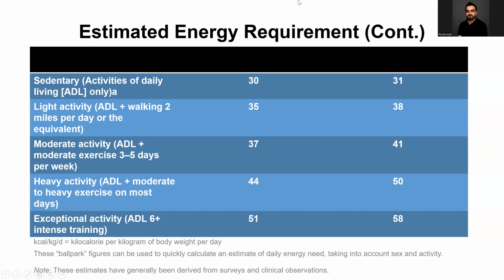The first column is for female and the second column is for male. So when we say 30, it's 30 kilocalories per kilogram of body weight per day. So for example, let's say I'm a sedentary man, I require 31 multiplied by my body weight, let's say 75. That amount of energy is my total energy expenditure per day. This is the estimated energy requirement.